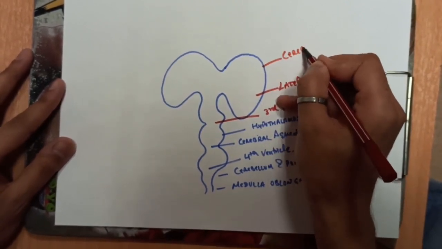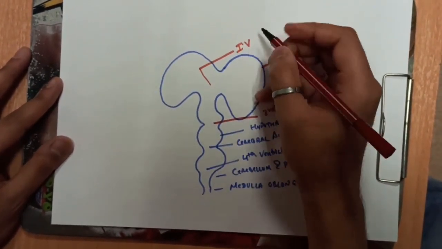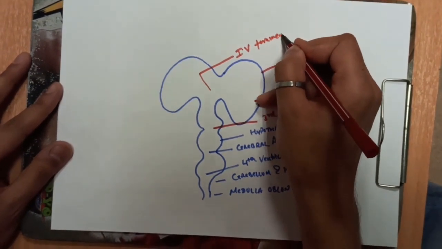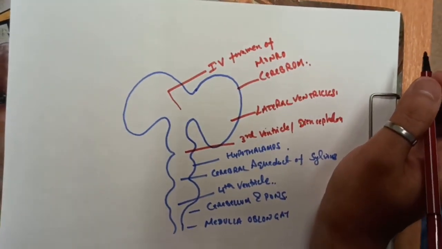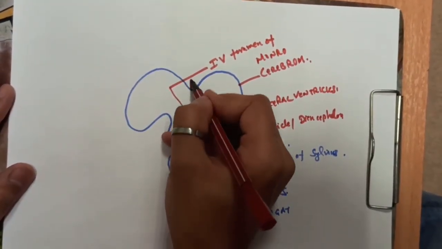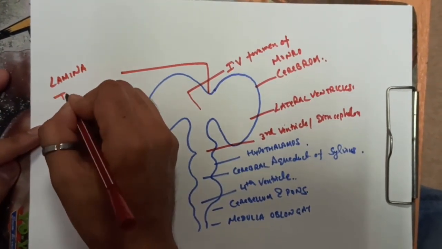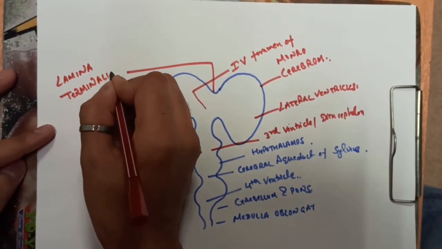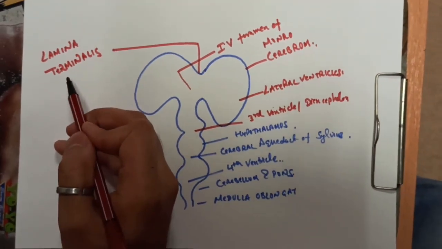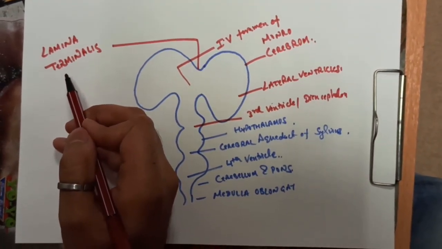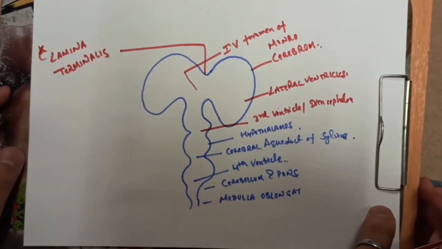This will develop into the cerebrum, and somewhere here it will be the interventricular foramen of Monro, and this, one of the most important parts, is also called the lamina terminalis. This lamina or this membrane restricts the development of the brain and does not allow the brain to go out of the skull. So this must be noted, that is what the lamina terminalis is.